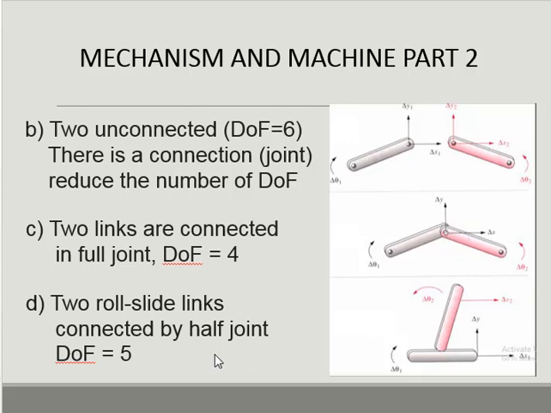And the fourth condition is 2 rolling sliding links connected by a half joint.